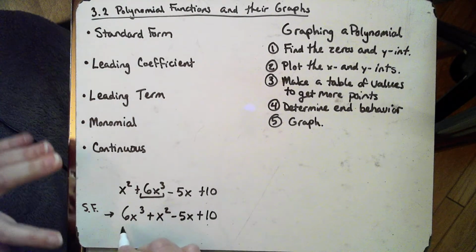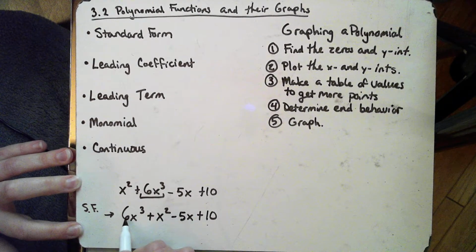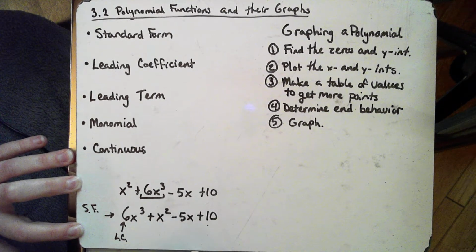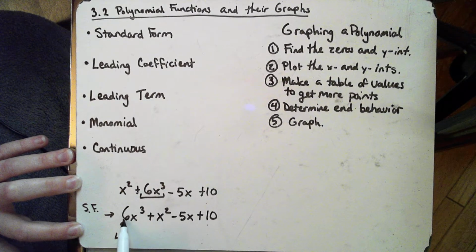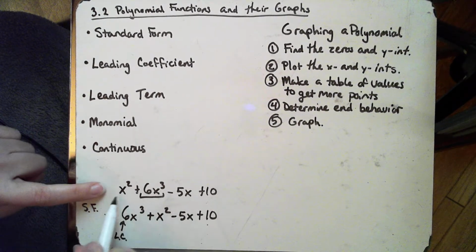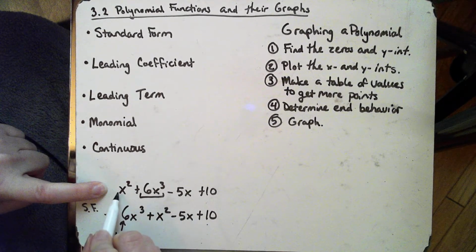Then the leading coefficient is the number multiplied by the variable on the first term. So this is your leading coefficient because it is the first number that shows up at the very beginning of the polynomial. And even if there isn't a number, hypothetically speaking, if this was in standard form, there's no number here, but that number is 1.